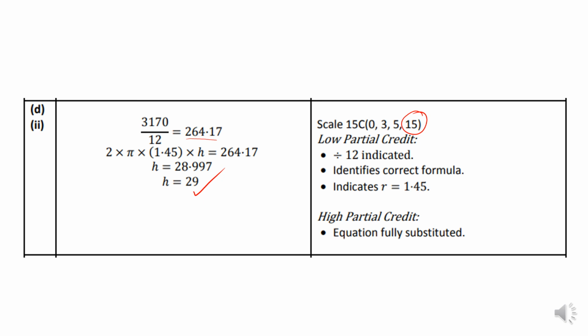If you use your 12, you get 3 marks. If you wrote down the correct formula, and just that, you would get 3 marks. If you mentioned the radius, you get 3 marks. If you put all the right numbers in the right place, but didn't finish calculating, you would get 5 out of 15 here. Okay, so always start it and give it a go.